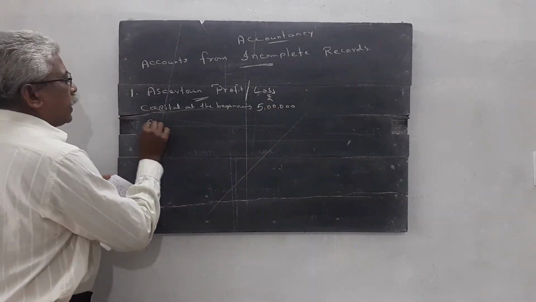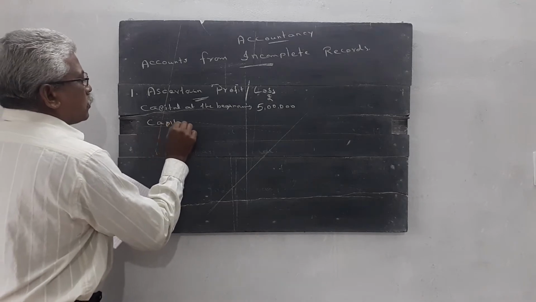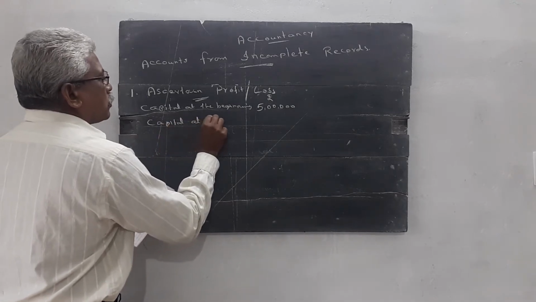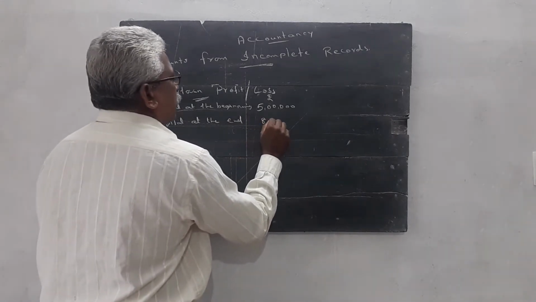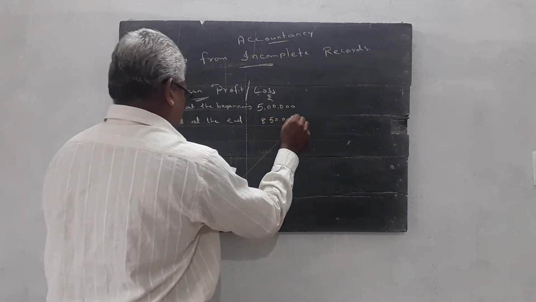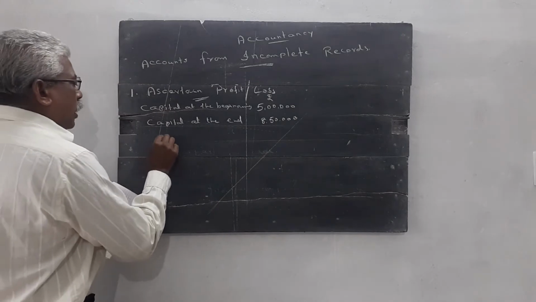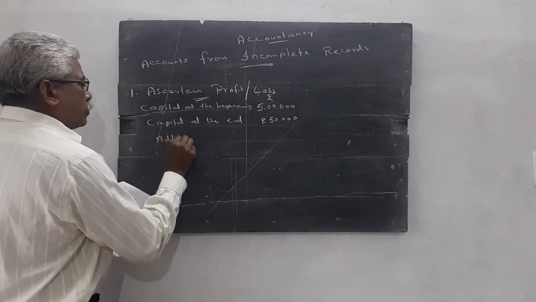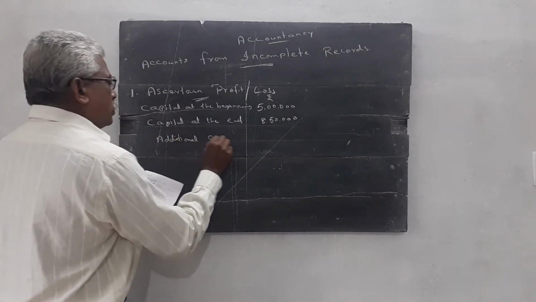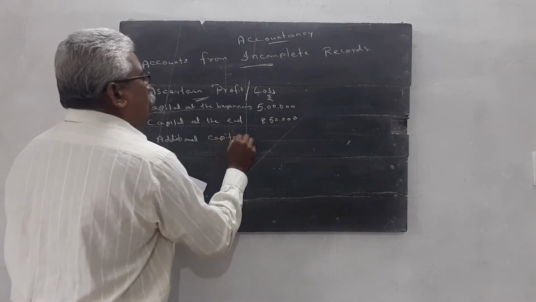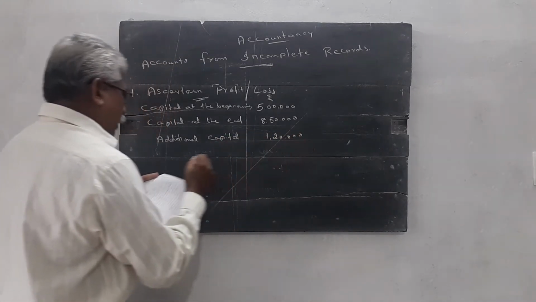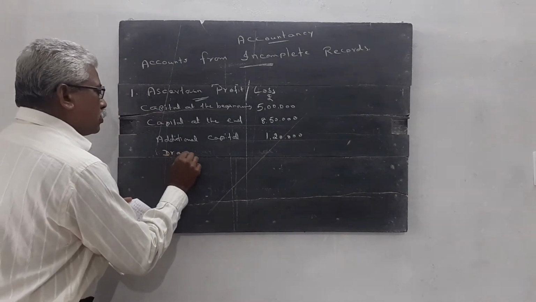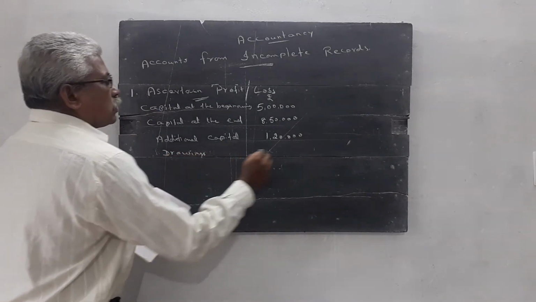Then capital at the end, 8,50,000. Then additional capital, 1,20,000. Drawings, 70,000.